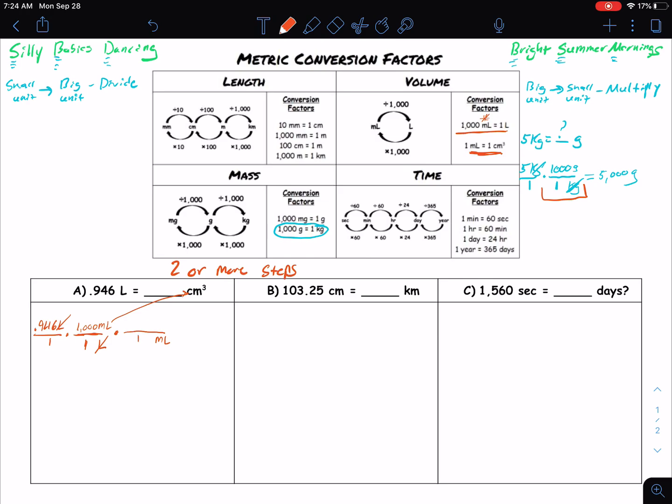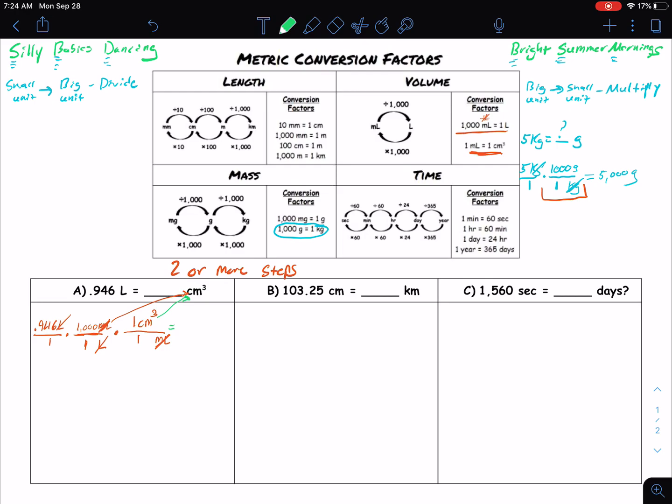Well, we see 1 milliliter equals 1 cubic centimeter. The milliliters cancel, and now we have what we want. So we're going to plug this in the same way you would any other time.